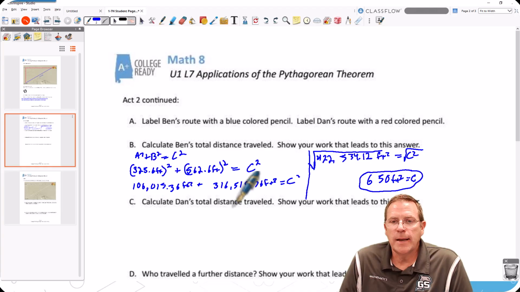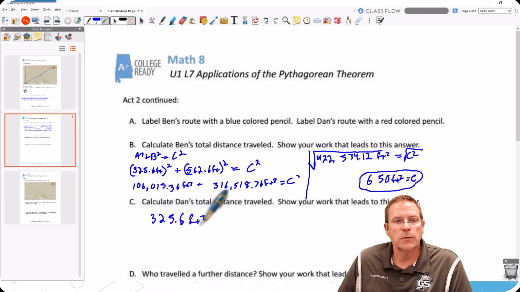Now, calculate Dan's total distance. Well, I already wrote down his distances earlier, so that's going to be 325.6 feet plus 562.6 feet. And when we add those together, that's going to give me a 2, carry the 1, and so on.